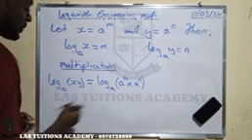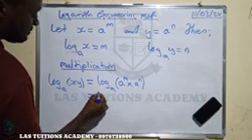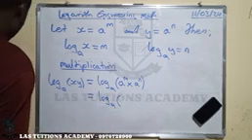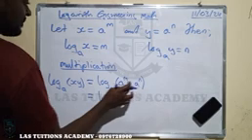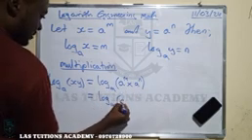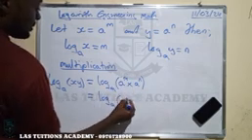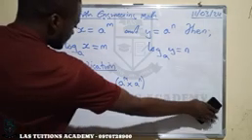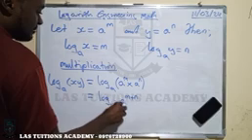So from here, now we're going to have log base a. Then when we multiply the same base, we add the powers. So we're going to have a to the m plus n.